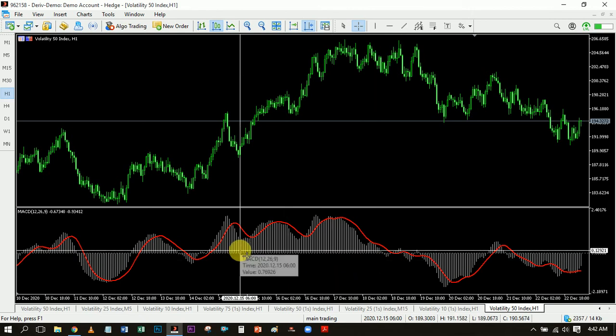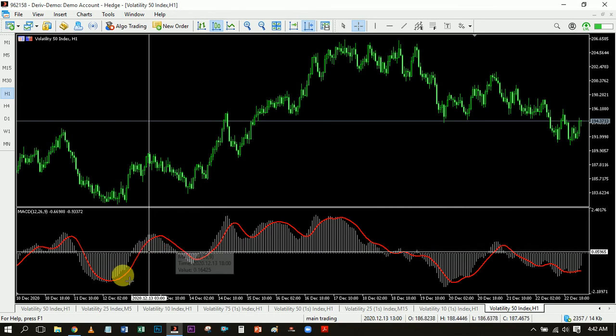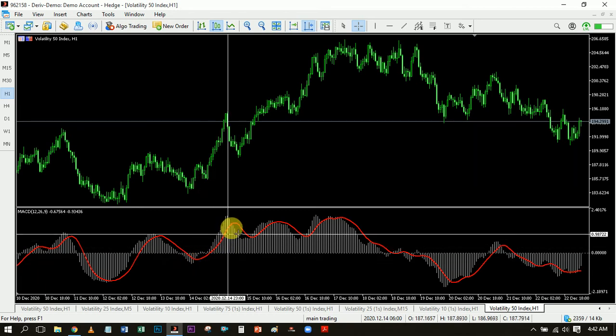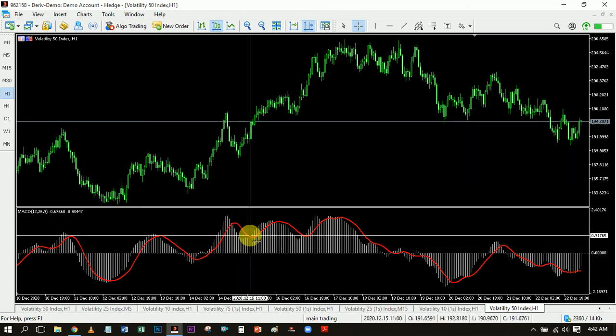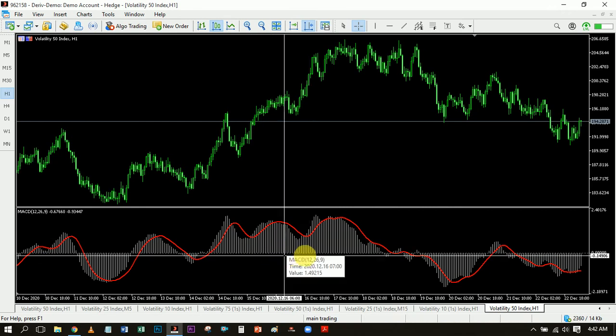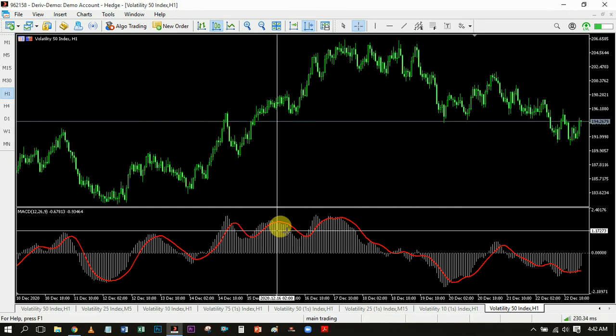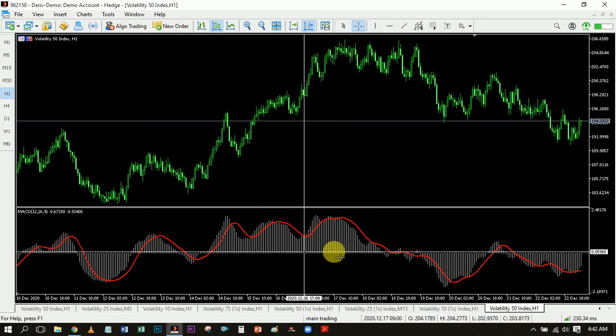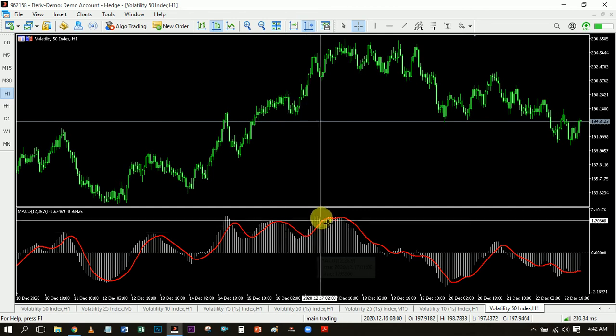You notice that after confirming this buy signal here, the momentum went up, crossed down, but it didn't drop below the zero mark, then crossed back again, then crossed downwards again, didn't cross the zero mark, then crossed backwards again.